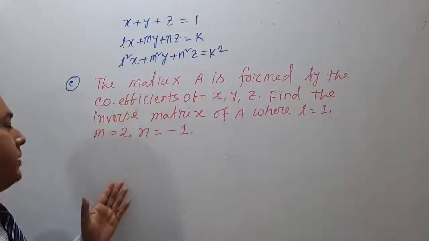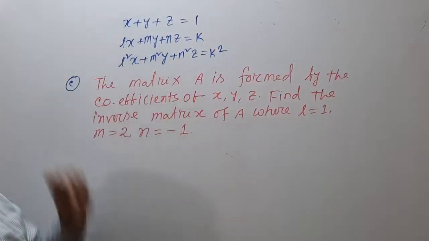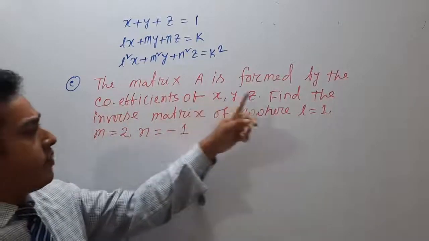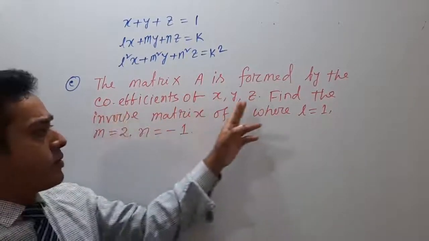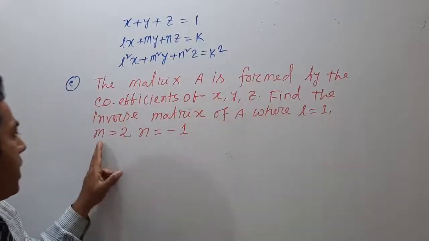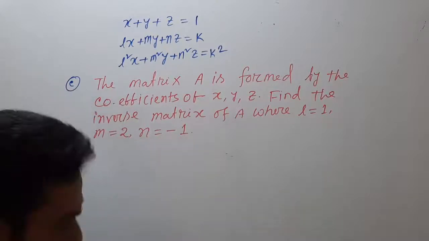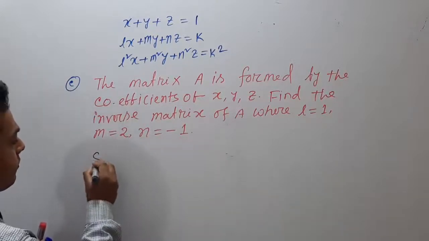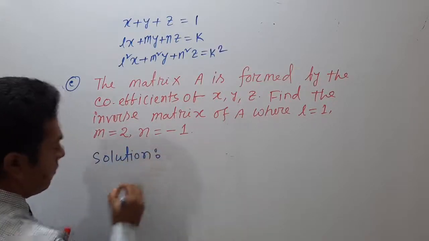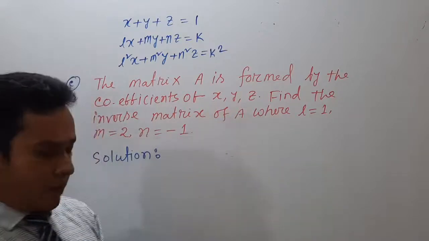Now question number C. Here the given information is a system of three linear equations. The matrix A is formed by the coefficients of x, y, z. Find the inverse matrix of A where L is equal to 1, M is equal to 2, N is equal to -1. So our solution of question C. Here A is a matrix formed by the coefficients of x, y, z.